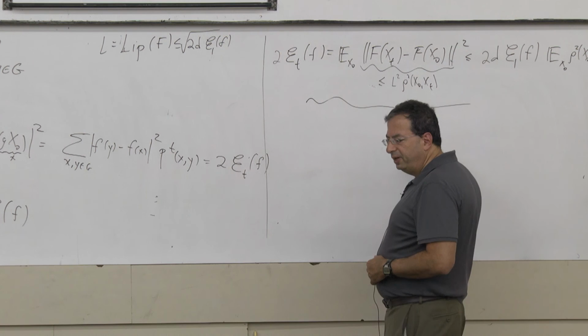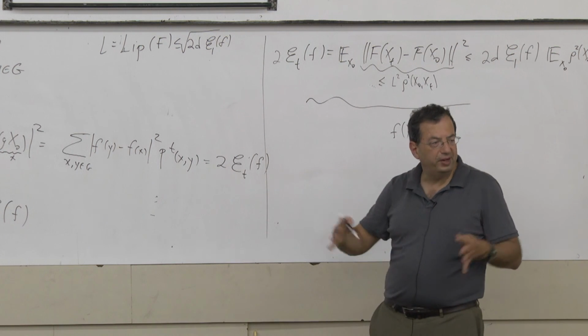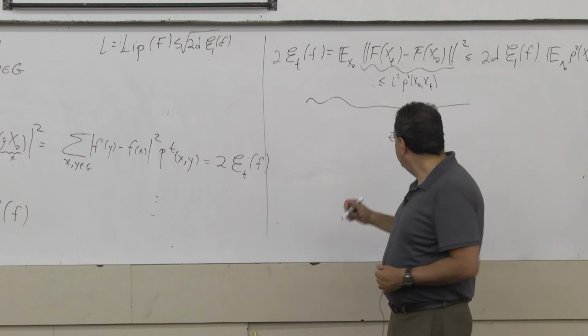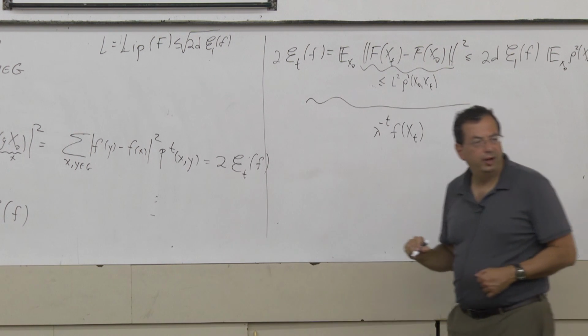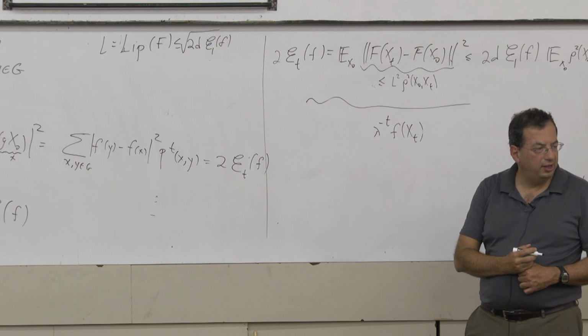But the expected value goes down by a factor lambda in every step. So if we take this and divide by lambda to the t, this is a martingale.